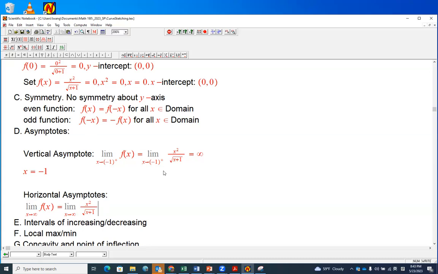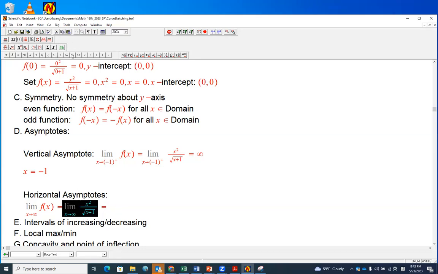And we would like to find the limit. And what do we find? As x approaches infinity, we have the top approaching infinity and the bottom approaching infinity.